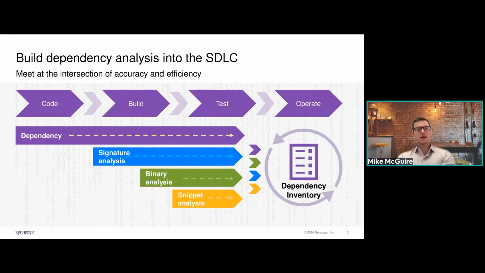Then when you get these different scan types in place, you have to tune the analysis, right, to fit directly into your SDLC. You have to meet at the intersection of accuracy and efficiency. Every SCA vendor understands that your job is to build software, right? Even if you're on a security team, you're on a security team because somebody's building software. At the end of the day, the end goal is build software.